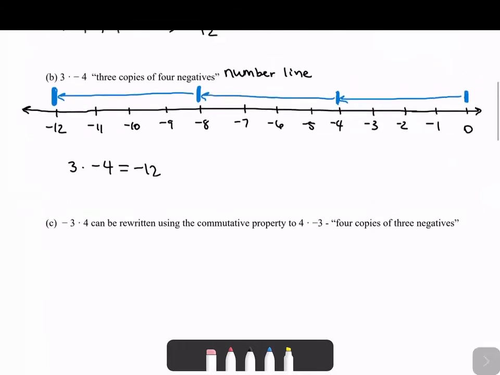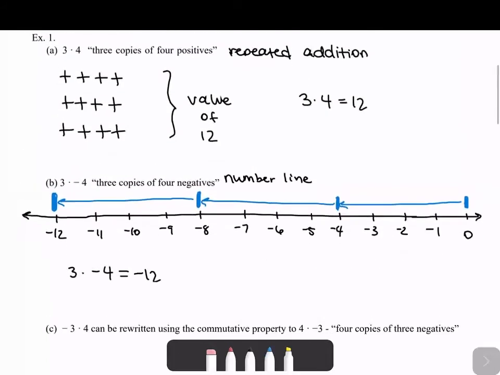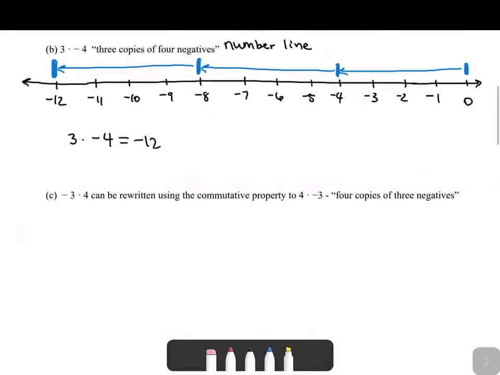And the last one is -3 times 4. This one's a little bit different than our first two. We cannot have -3 copies of something. So instead, we can rewrite this problem using the commutative property. This is now 4 times -3, so we have 4 copies of 3 negatives. Just like the first two, we can represent this using a sign model or a number line model. Let's do a sign model.